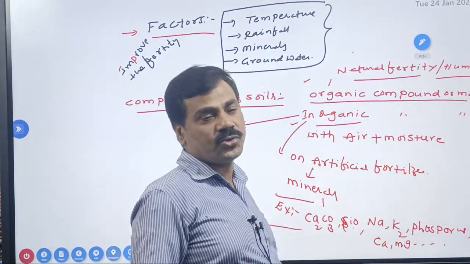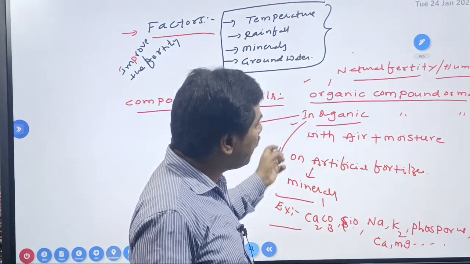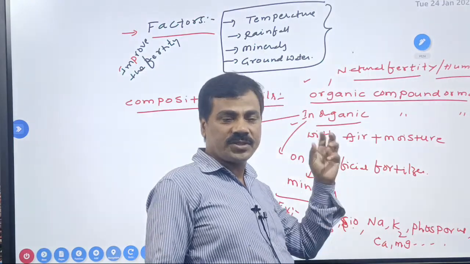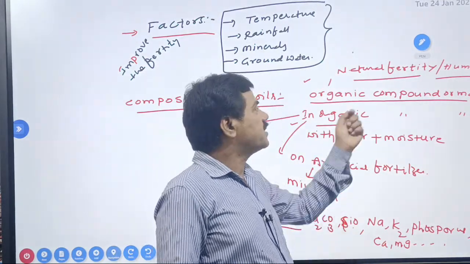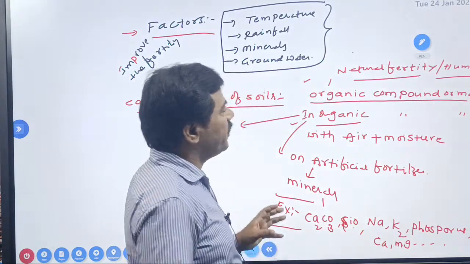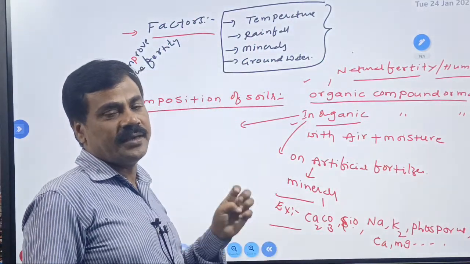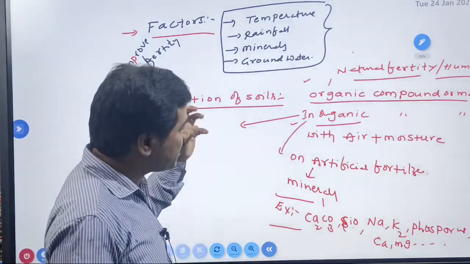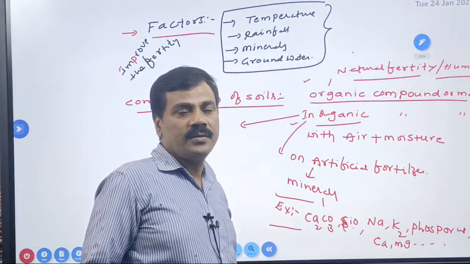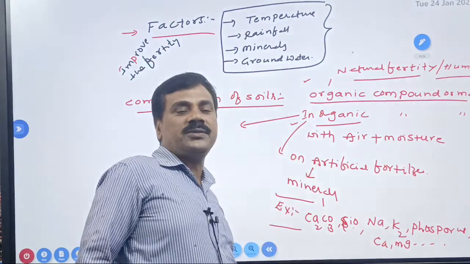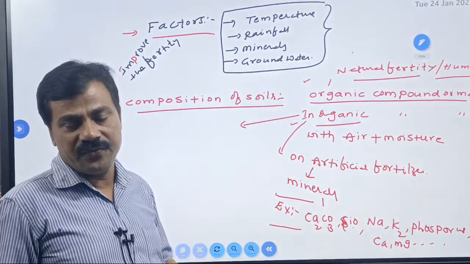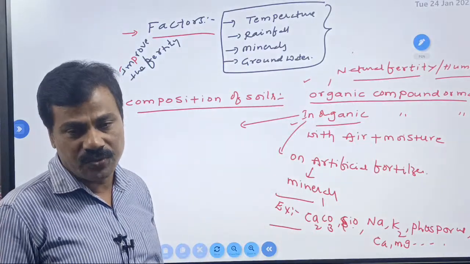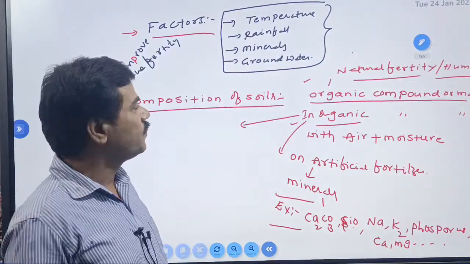In our India also, it is gradually being converted from inorganic compounds. In some states, inorganic compound material affects the health of human beings. Inorganic means it has brought a number of health issues and some diseases, decided by the chemicals.